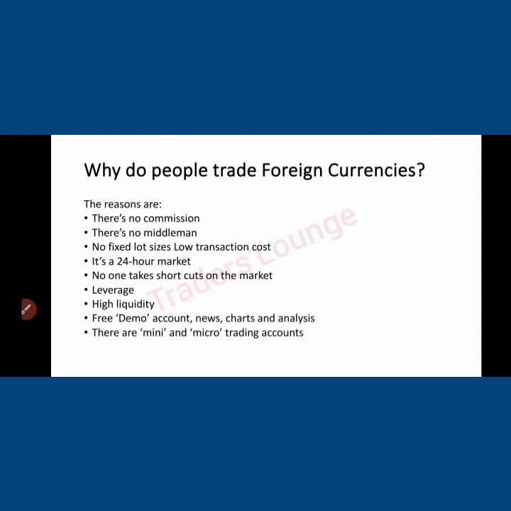The next reason is that this is a 24-hour market. There's no waiting for the opening bell, from Sunday evening to Friday afternoon. So the forex market never sleeps. The next point is that no one takes shortcuts on the markets.